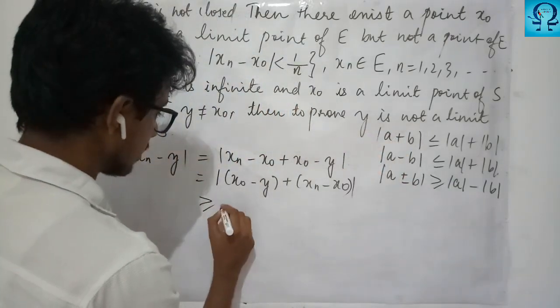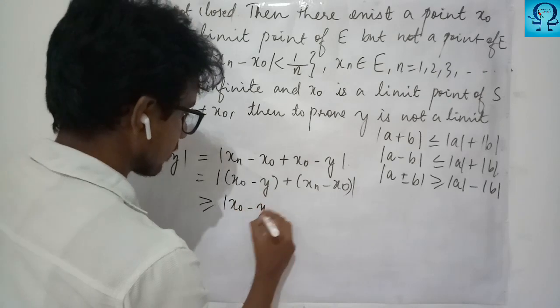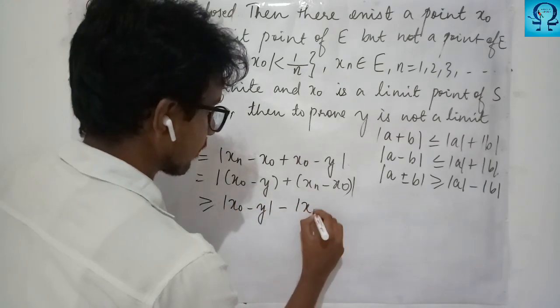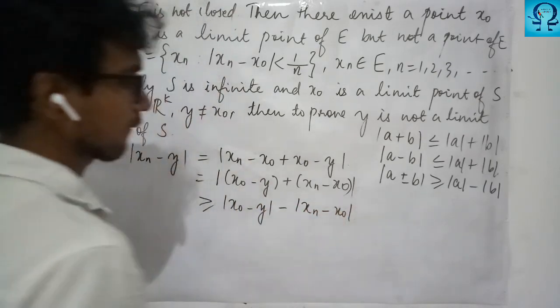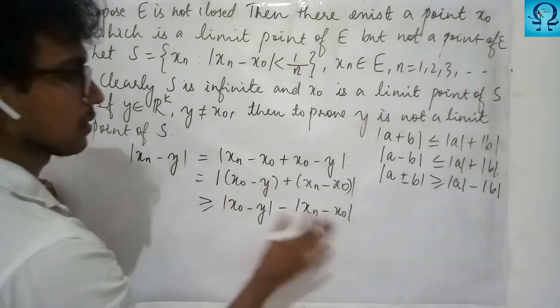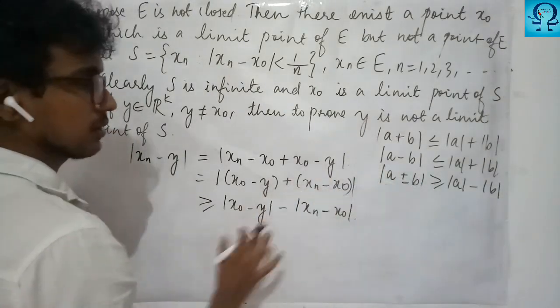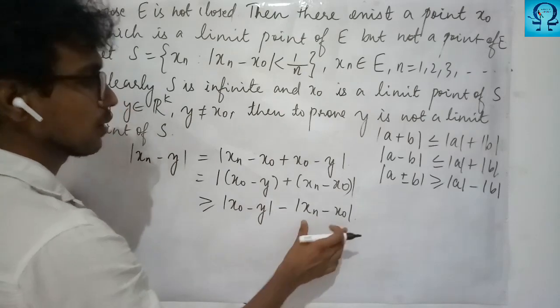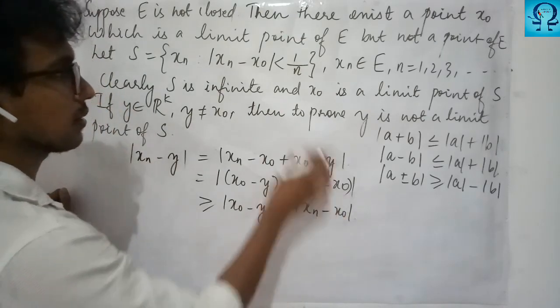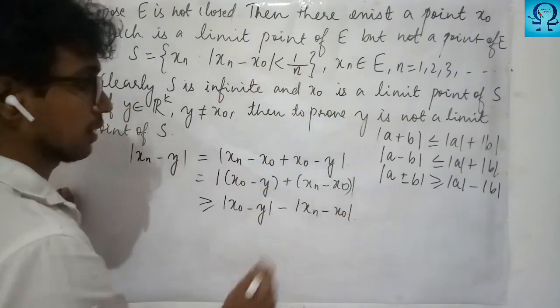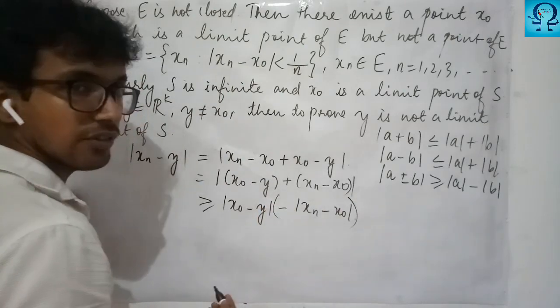So these are the basic results that we have in the properties of the absolute function. So using that, we have something of this sort, right? Using this I have split these things. What is absolute of xn minus x naught? It is less than 1 by n. But what do we actually have here?